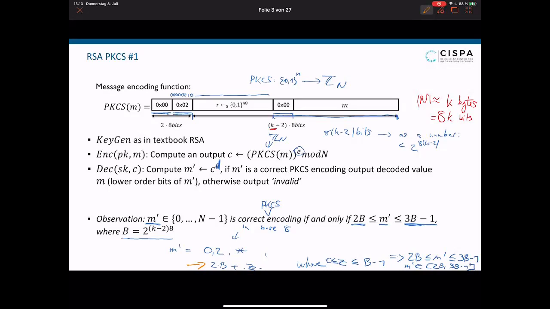So this 2x part of the encoding here makes sure that correct PKCS encodings are in this interval 2b to 3b minus 1.